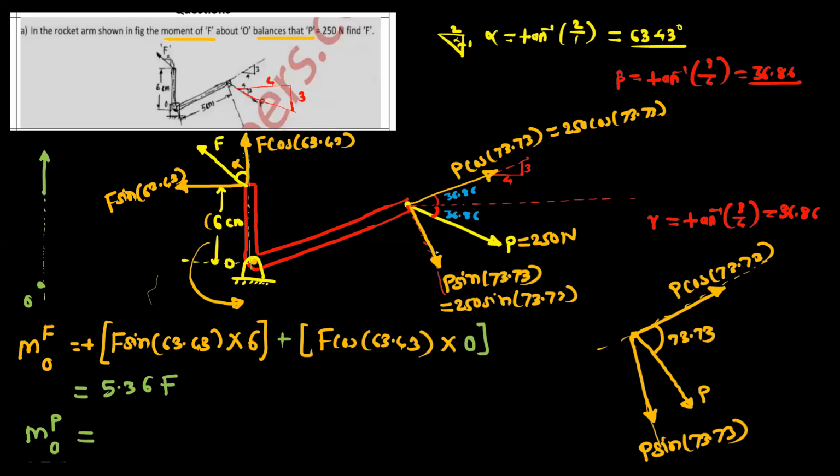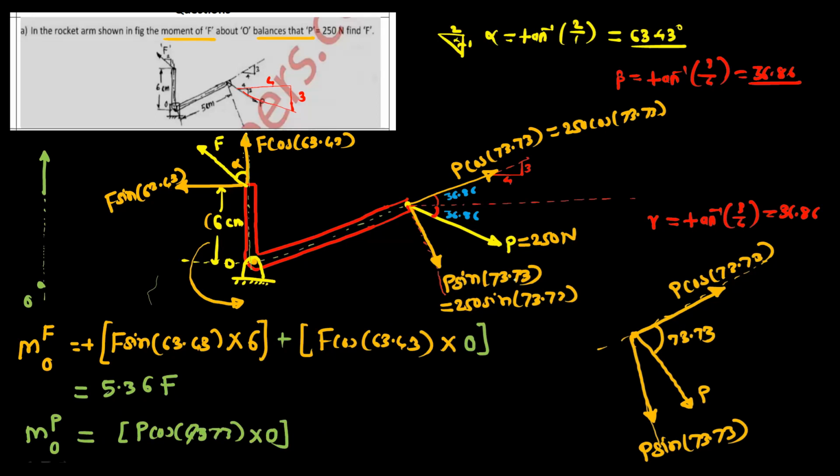Okay. Now write the moment by the P force about the point O. Consider the two components of P force. First is P cos 73.73. It passes directly through the point O, so the moment is 0, or you can write P cos 73.73 into perpendicular distance 0, and that's why the moment is 0.